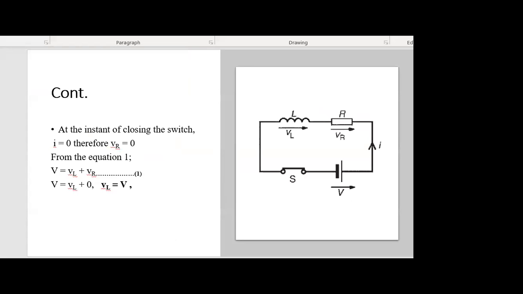At the instant of closing the circuit, the rate of change in current is such that it will induce an EMF in the inductor, which is equal and opposite to the DC voltage.